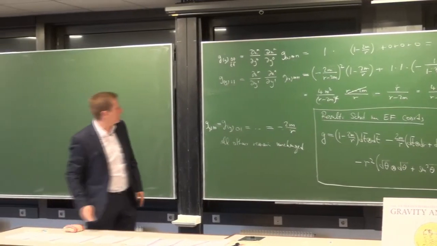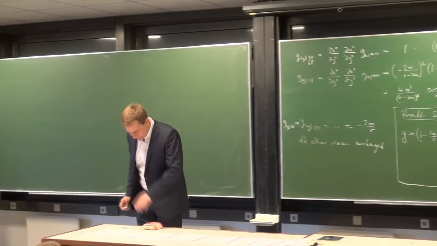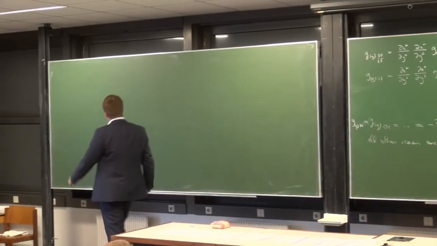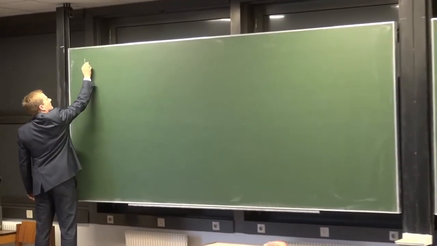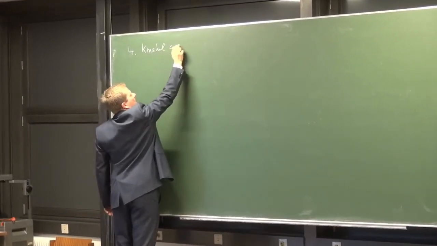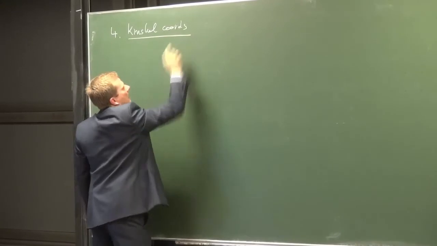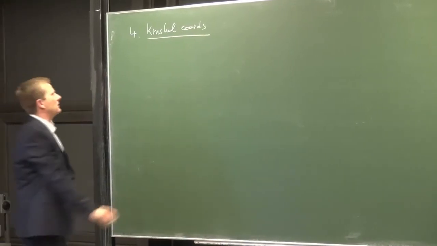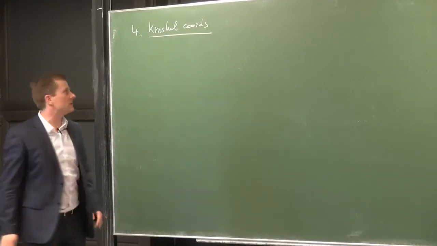Okay, so we have the final bit, that's Kruskal coordinates. And I won't do this in detail because you can read it up. There are many good books that do that.